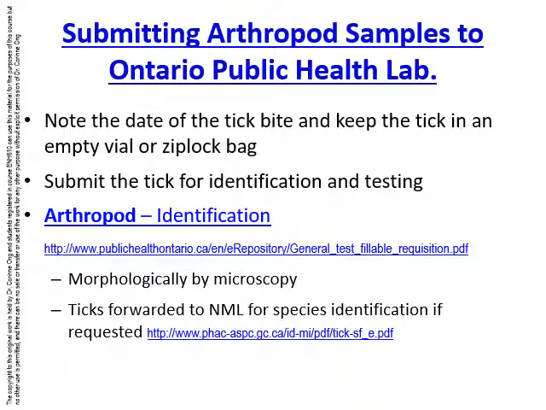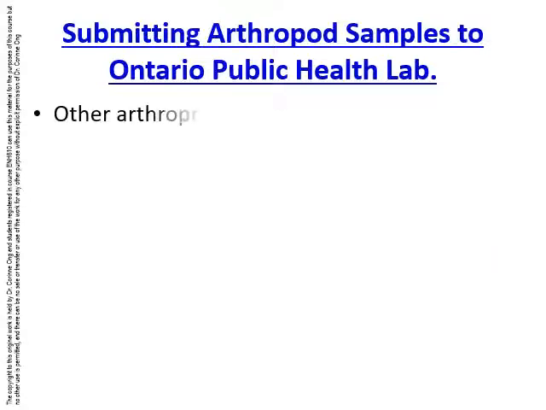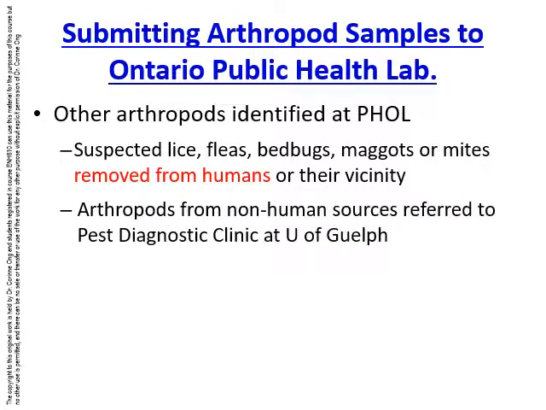The labs will use microscopy to identify the arthropod, and any ticks that need to be speciated are forwarded to the National Microbiology Laboratory in Winnipeg if there is a special request to do so. Other arthropods that can be identified at the Public Health Ontario labs are suspected lice, fleas, bedbugs, maggots, or mites, and they have to be removed from humans or their vicinity.